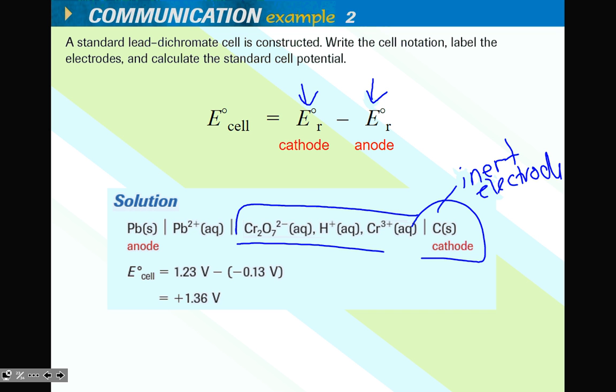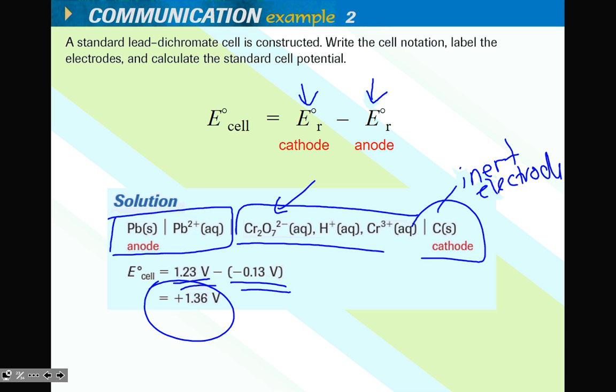So you have to look at your electrolyte to figure out if it's an SOA or an SRA. And we know that this is your anode. You search out your half reactions in your data booklet and look up the cell potentials, and it's your cathode subtract your anode, and that's going to give you a cell potential of positive 1.36 volts.